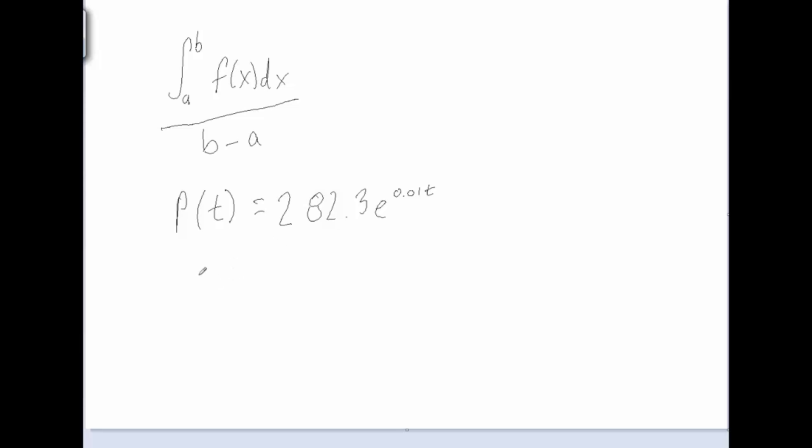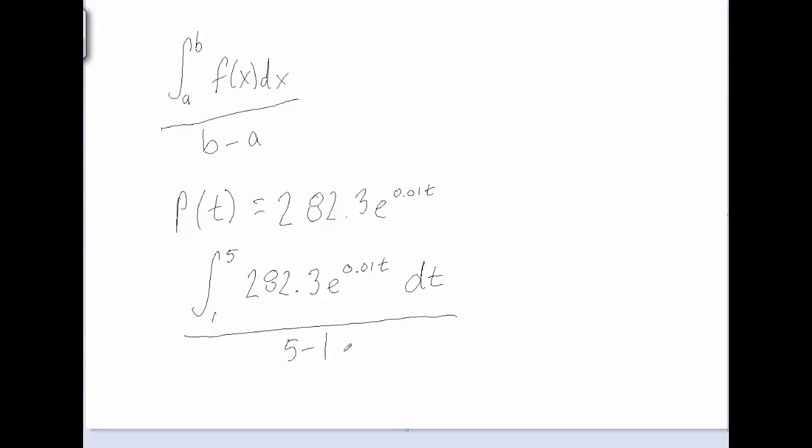So all we're going to do is find the definite integral over the particular interval from year 1 to year 5, or from 2001 to 2005. And that will give us the total population over those years.